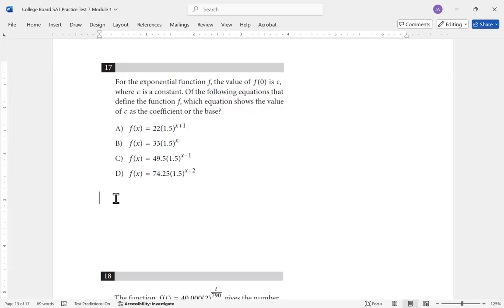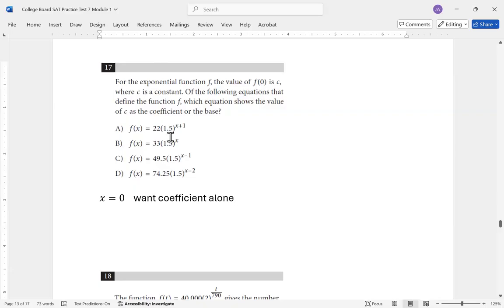Basically, what we're looking for is when x is equal to 0, when do we get the coefficient alone or the base alone? Well, the only way we can get that is if we're getting the coefficient alone.